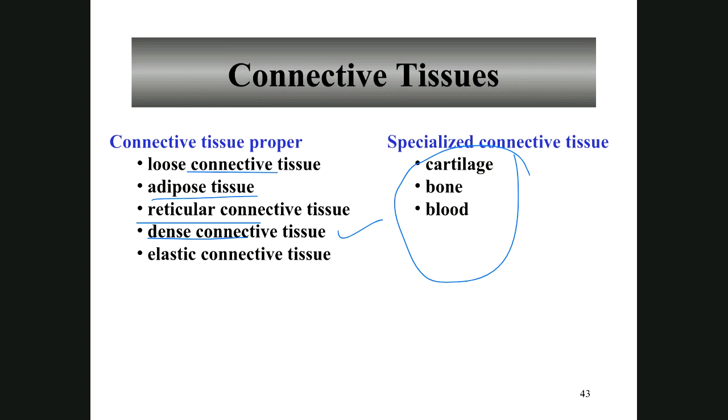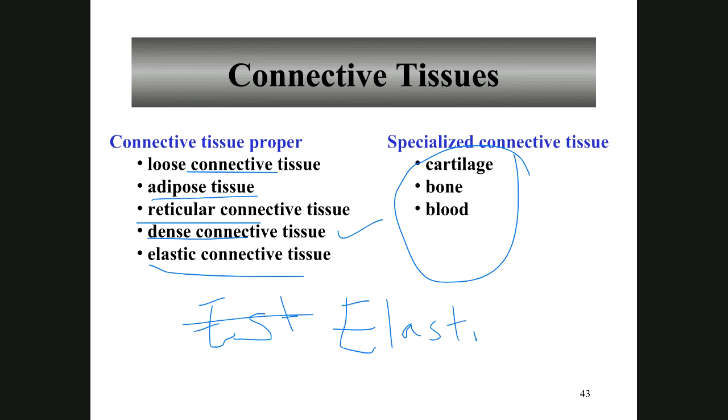Loose is areolar and elastic connective tissue, because they have the elastin. Elastin gives it the flexibility, right? So some cartilage might have elastin, so we call that elastic cartilage, like the pinna of the ear, for example.